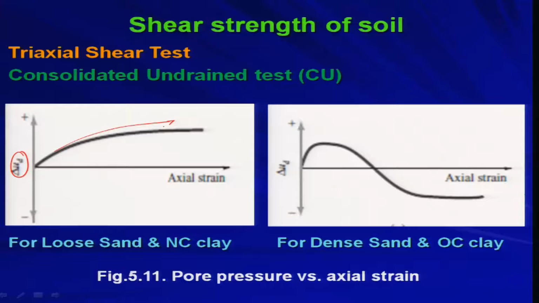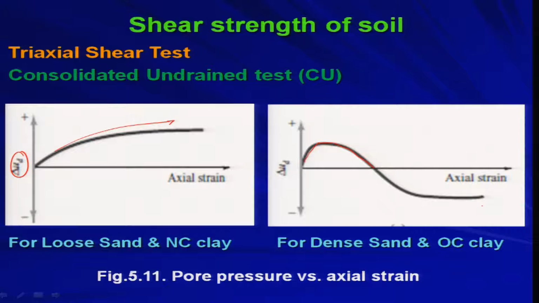However, if you look at dense sand and over consolidated clay, it is really worth noting here. In this case, you will get an initial increase in pore pressure and then a further decrease in pore pressure, and it will go to the negative side. Negative pore pressure means something like suction, right.